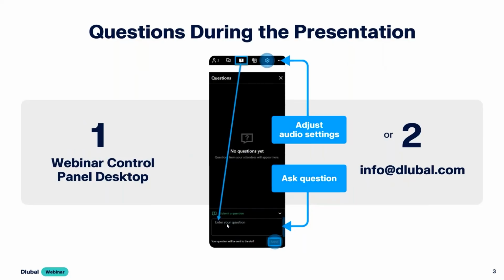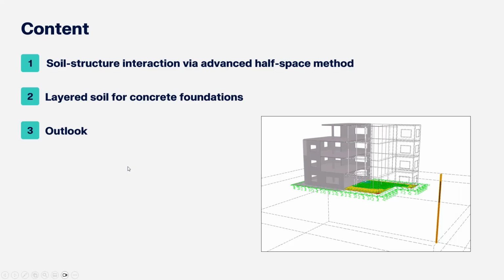Okay, thank you, Andreas, for the introduction. Welcome also from my side to our webinar today for the geotechnical analysis add-on. We now will go to the first slide, and here we can see the content for today. Our main topic for this webinar is soil structure interaction using the advanced half-space method.